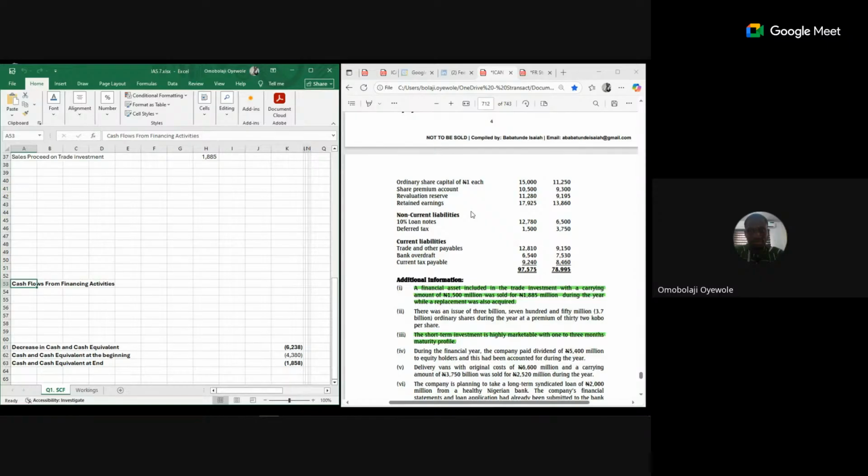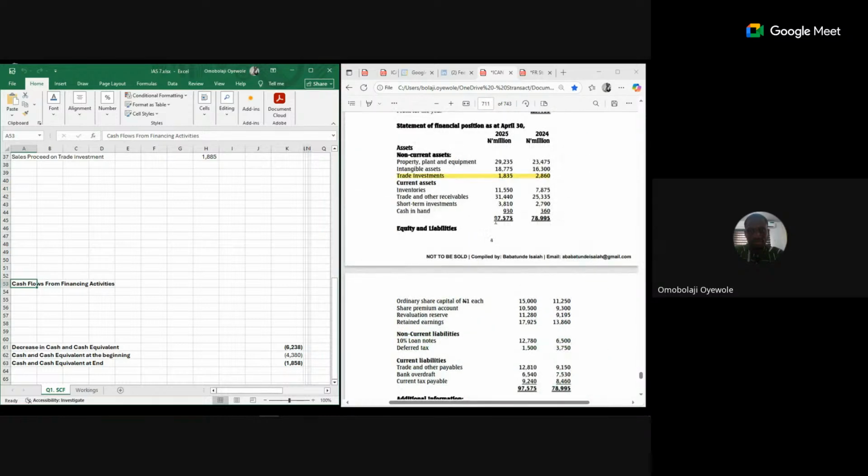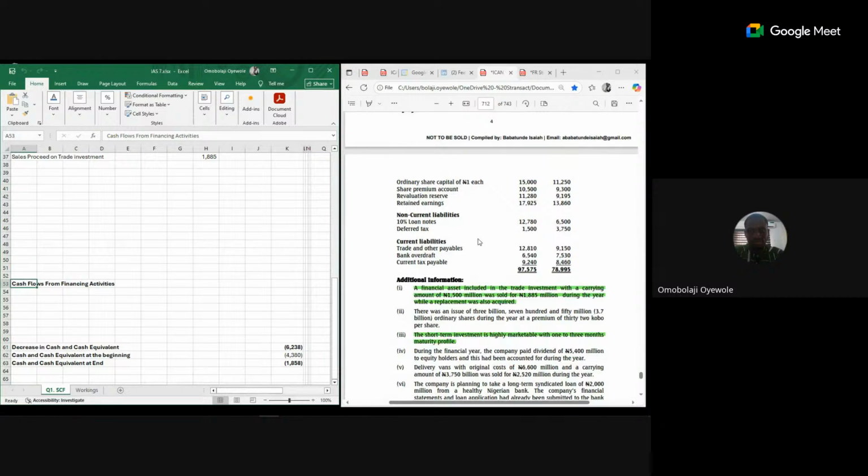Whenever shares are issued, you look at the difference between last year's shares and this year's ordinary shares, and if there is an increase, the difference represents an additional issue of shares.